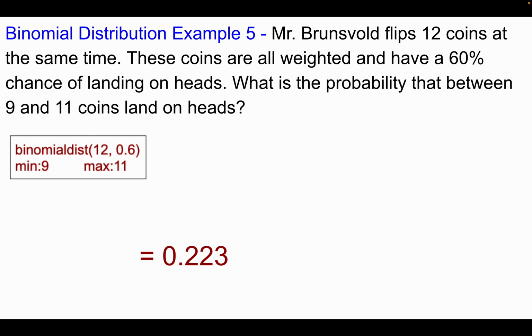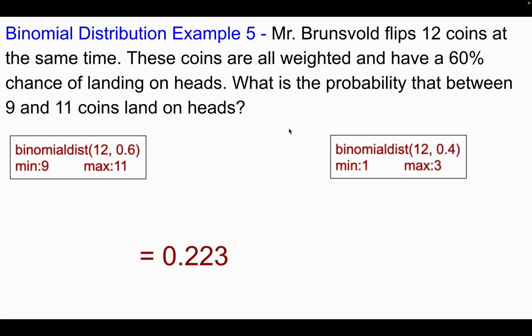We can also calculate this the other way, so I can assume that a success is actually flipping tails. So if I flip 9 heads, that means that I flipped 3 tails. If I flipped 11 heads, that means that I flipped 1 tail. So 12 trials, 0.4 is my probability of flipping tails, and I'm looking for flipping in between 1 and 3. This will spit out the same answer in Desmos.